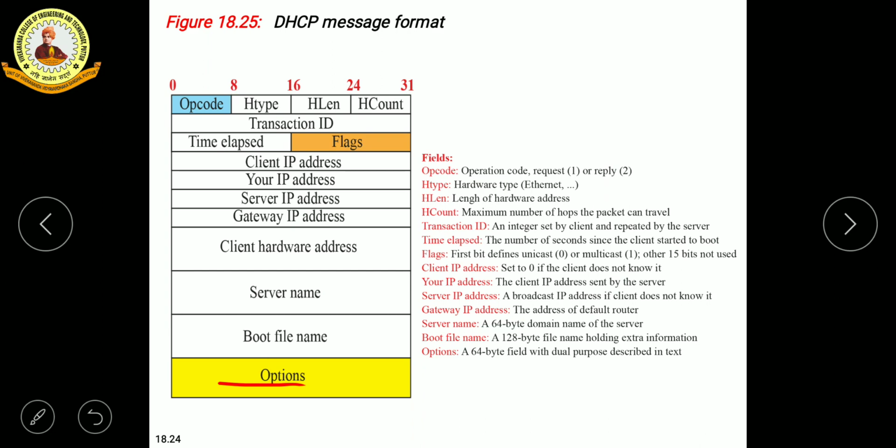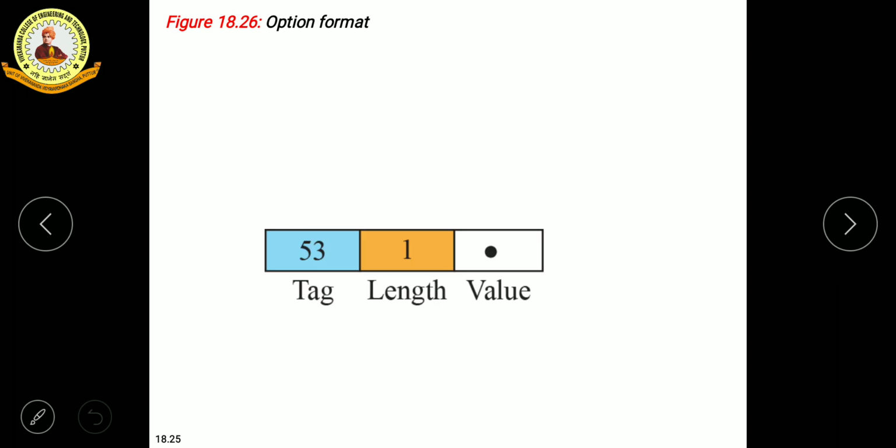When the client finishes reading the message, it looks for the magic cookie. If present, the next 60 bytes are options. An option is composed of 3 fields. Here you can see a 1 byte tag field, then a 1 byte length field and a variable length value field.